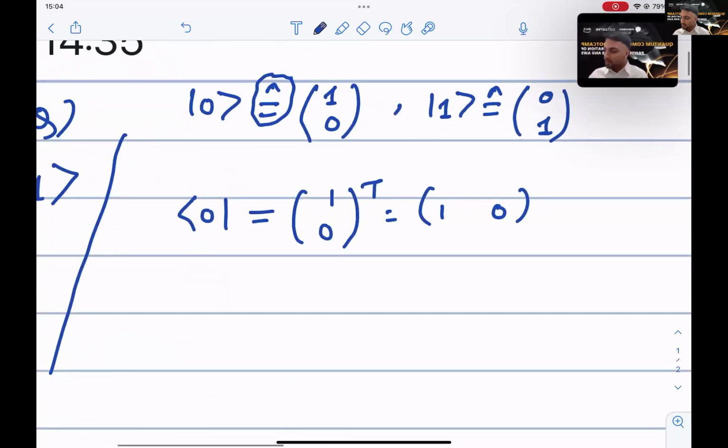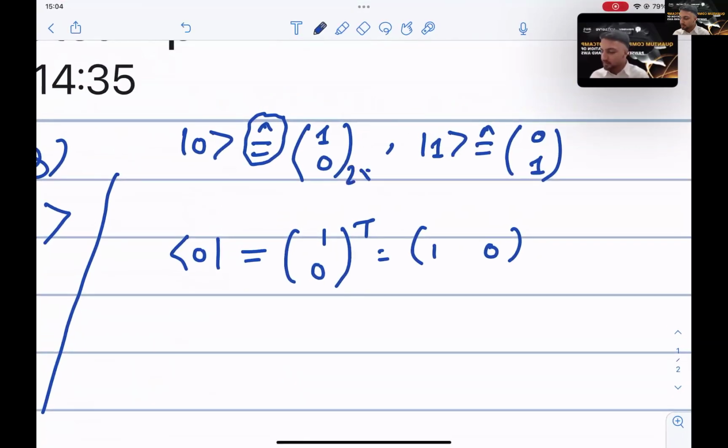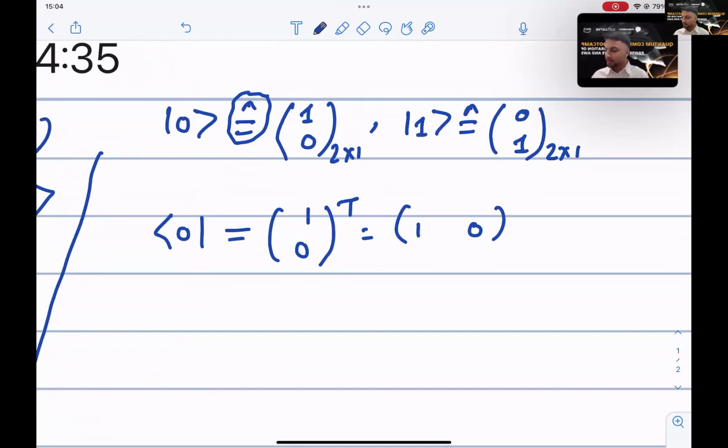If you write down the dimension of this vector, it's a 2 by 1 vector. And what is the dimension of this vector? Anyone? 1 by 2, thanks a lot.